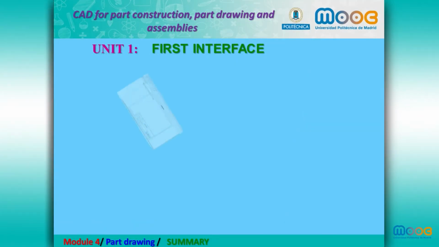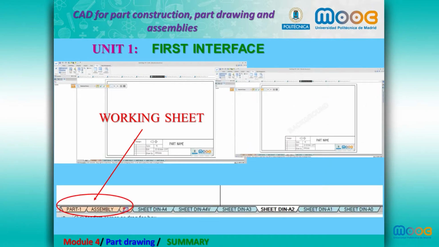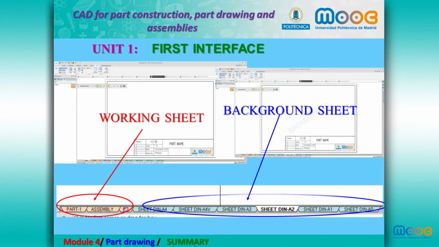In Unit 1, we have seen the first interface. Remember, you have a working sheet where you are going to load your views, and we have a background sheet for the title block. You see different sheets downside.